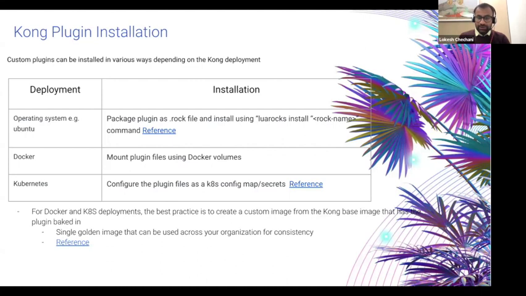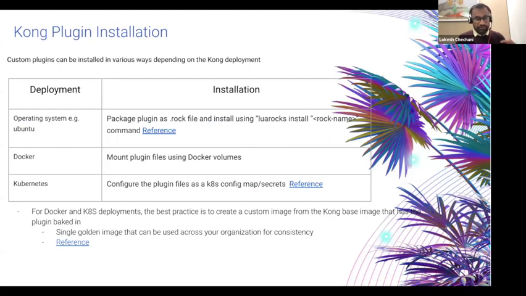I think from the best practice perspective, I recommend customers create a custom image. The reason is that when you have a big enterprise customer, it's very useful to have versioning of your plugin against the versioning of your Kong. They should both go hand in hand, and creating the custom image gives you that ability.